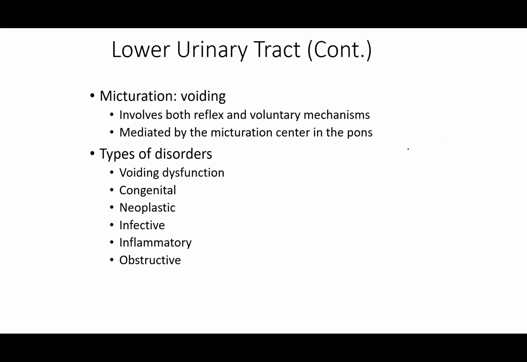The fancy word for urination would be micturating or voiding. Lower urinary tract disorders can include voiding dysfunctions, can be congenital, so just didn't form right, neoplastic, infections, inflammatory, or obstructive.